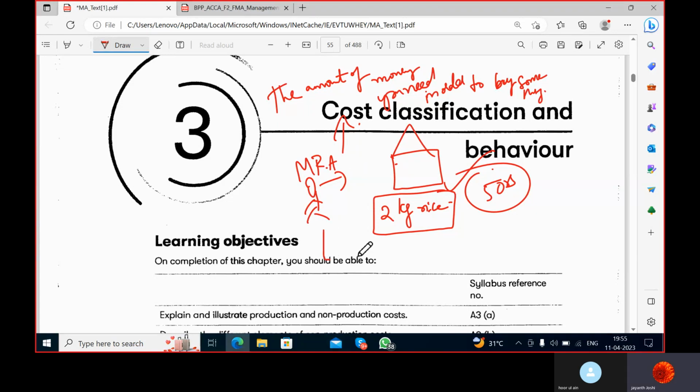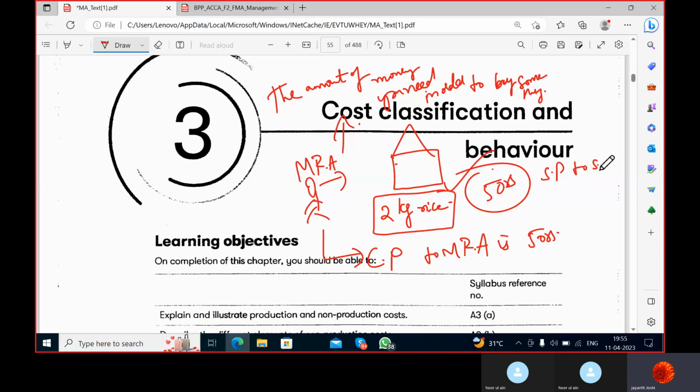It is the cost price for Mr. A. Cost price to Mr. A is 50 rupees, and selling price to the shopkeeper is how much? How much is the selling price for the shopkeeper? 50 rupees, correct or wrong?